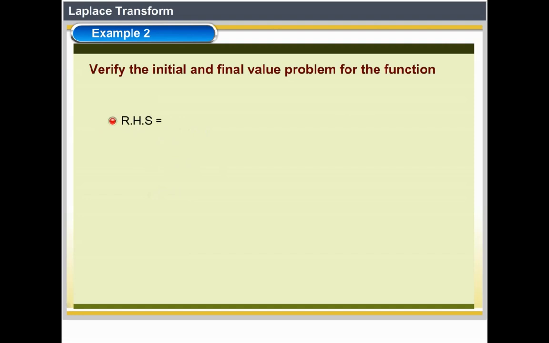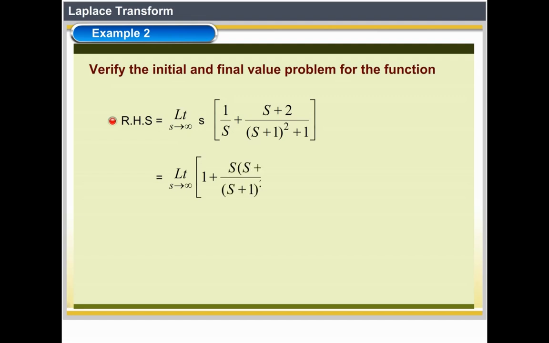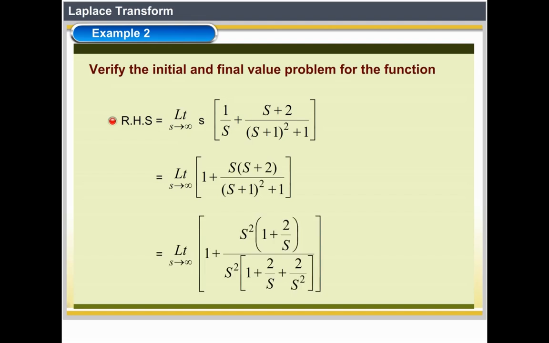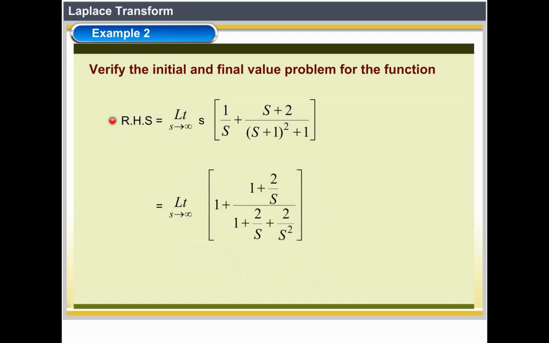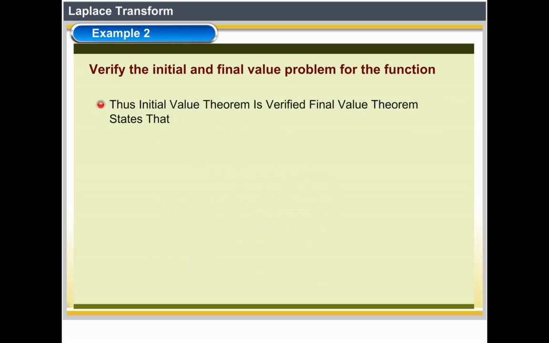And then the right hand side, RHS, equals the limit as s tends to infinity of s times (1/s plus (s plus 2) divided by ((s plus 1) squared plus 1)), equal to the limit of 1 plus s(s plus 2) divided by ((s plus 1) squared plus 1), equal to the limit of 1 plus s^2(1 plus 2/s) divided by s^2(1 plus 2/s plus 2/s^2), equal to the limit of 1 plus (1 plus 2/s) divided by (1 plus 2/s plus 2/s^2), equal to 1 plus 1 equals 2. The initial value theorem is verified.